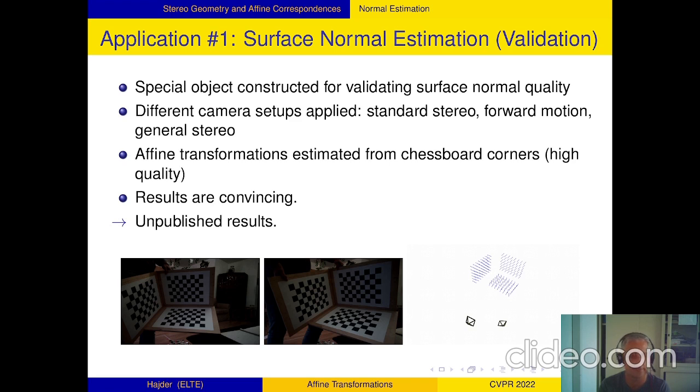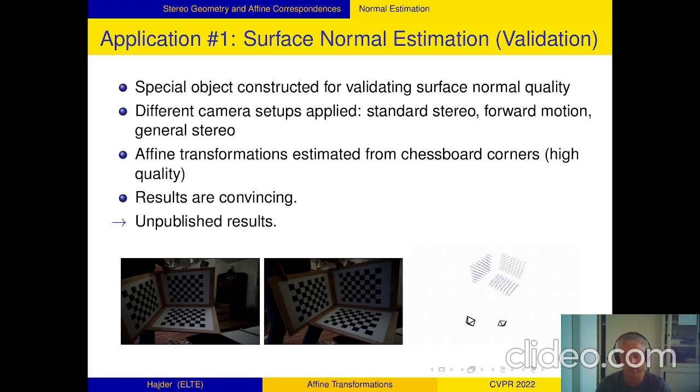They are three perpendicular planes, and all the planes have a chessboard pattern, because you know that the chessboard corners can be efficiently and easily detected. And then the spatial locations and the surface normals at the chessboard corners can be computed.